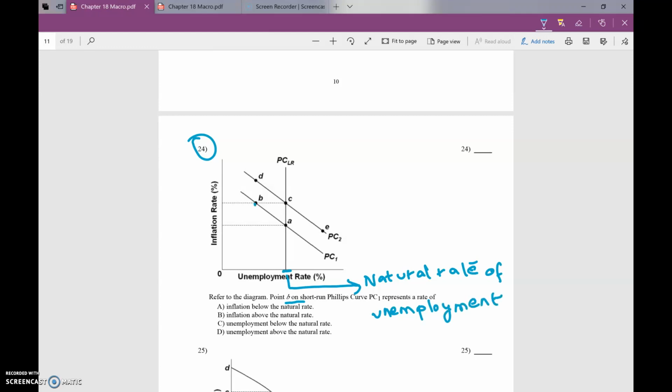Point B is related to another unemployment rate. Let's say the natural rate of unemployment is 6%, and the unemployment associated with point B is 4%. 4% is less than 6%, so the unemployment is below the natural rate.